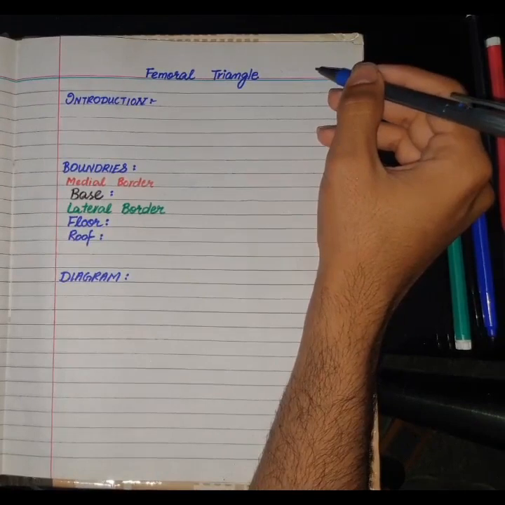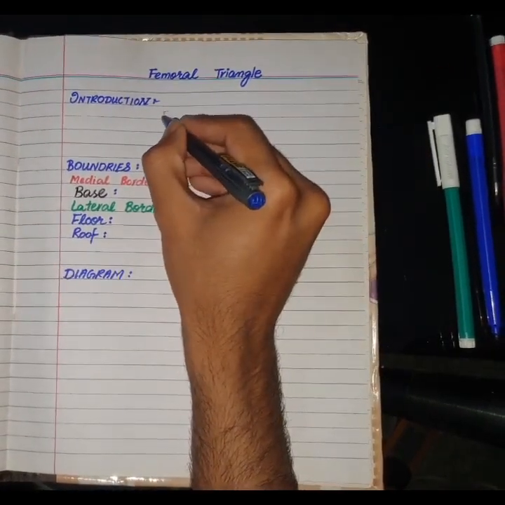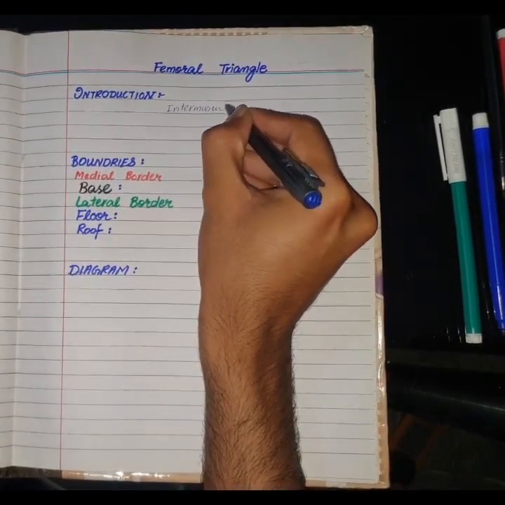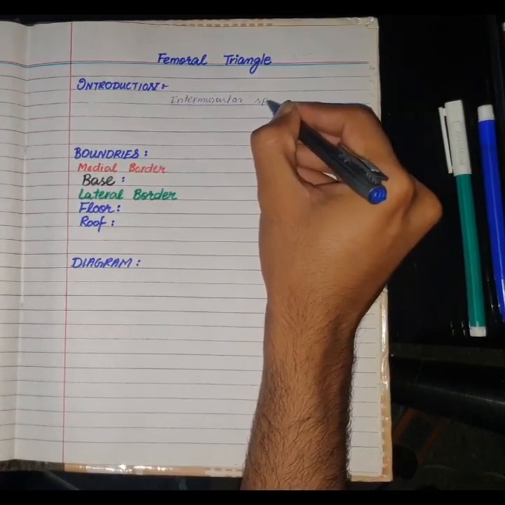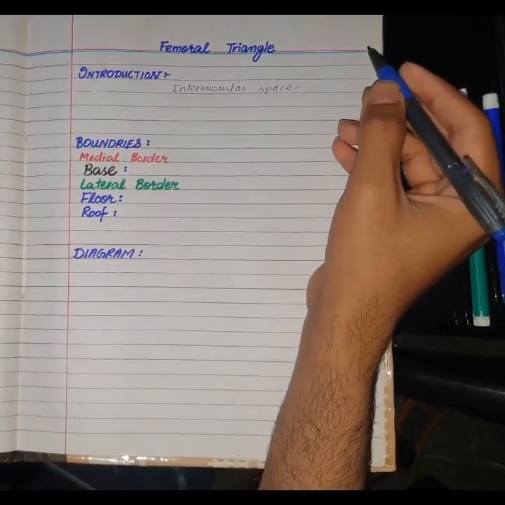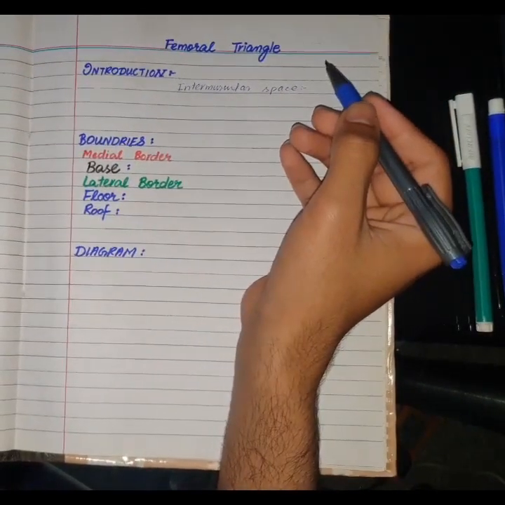So what is the femoral triangle? The femoral triangle is actually an intermuscular space. So what is the situation of the femoral triangle and what is its shape?